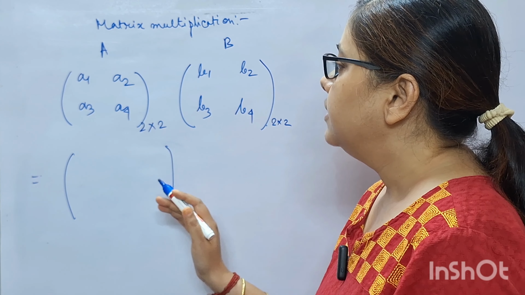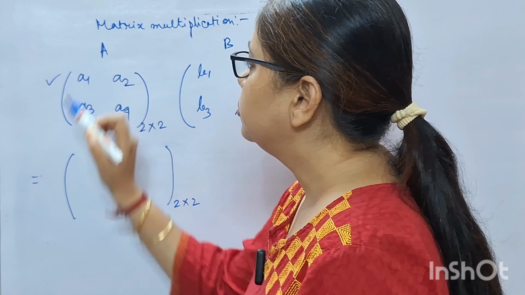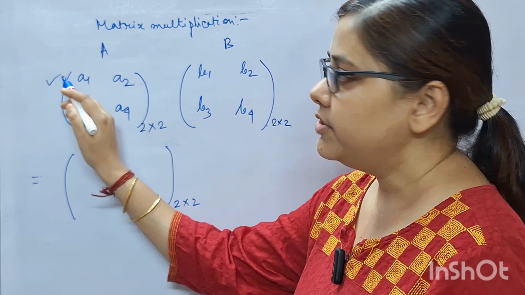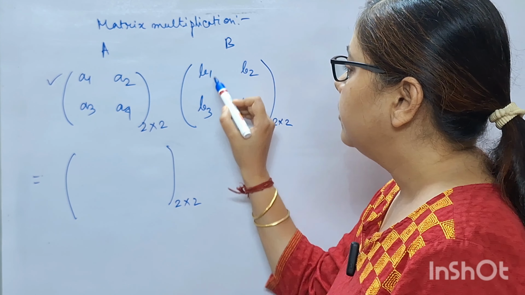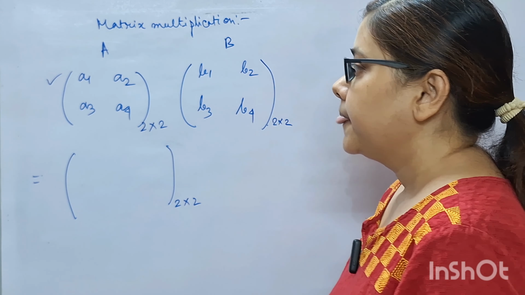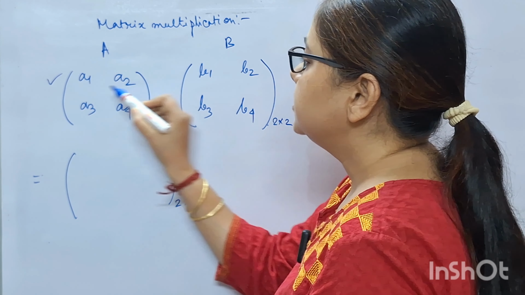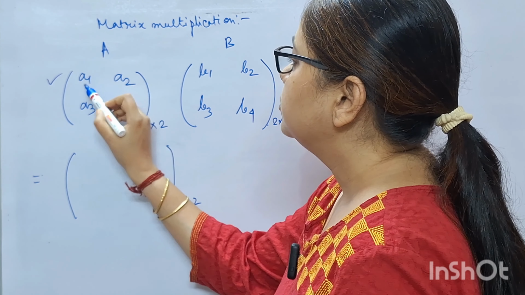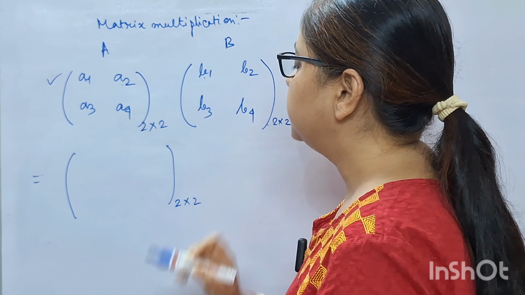To find the elements, at first you have to take the first row of A, which is fixed, and take the columns of B one by one. So at first, the first row and first column: A1 B1 plus A2 B3.